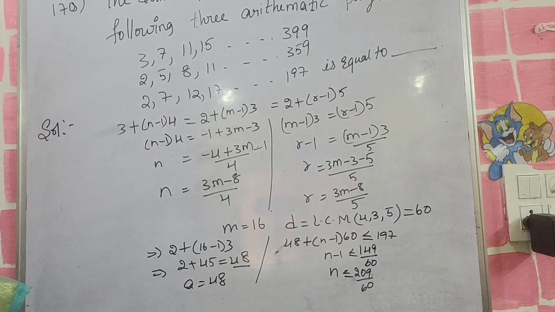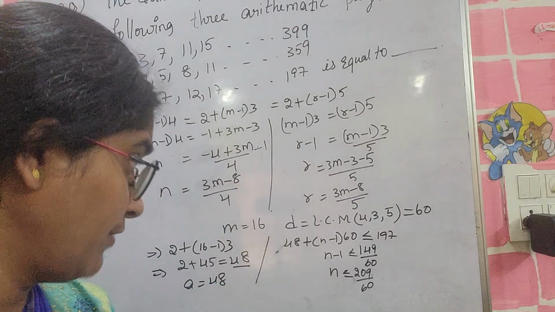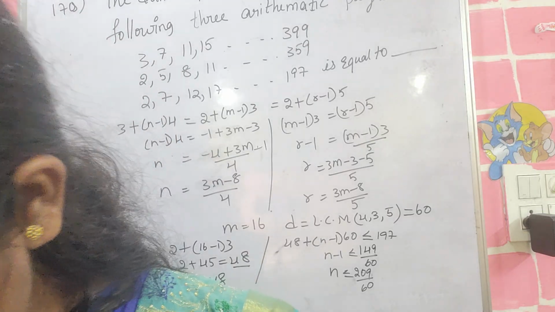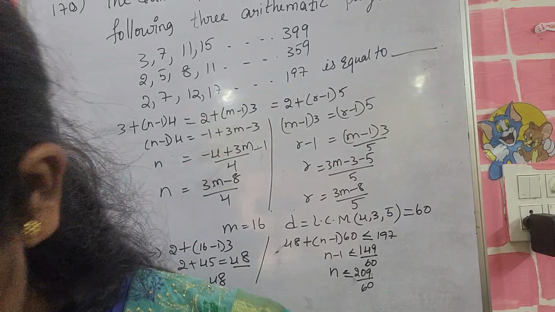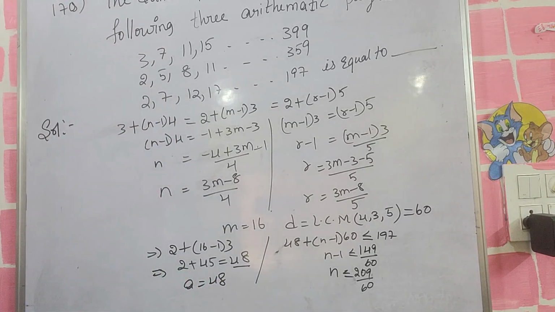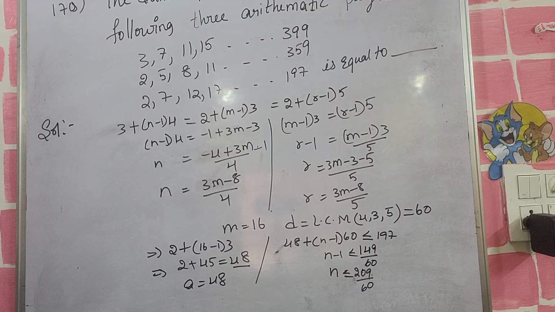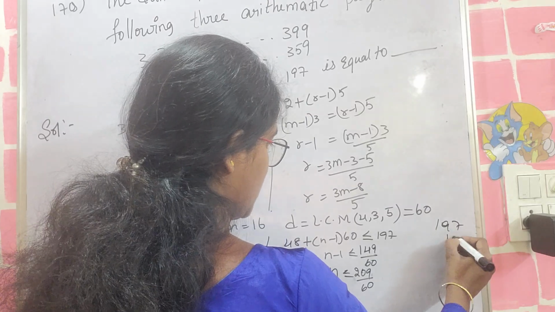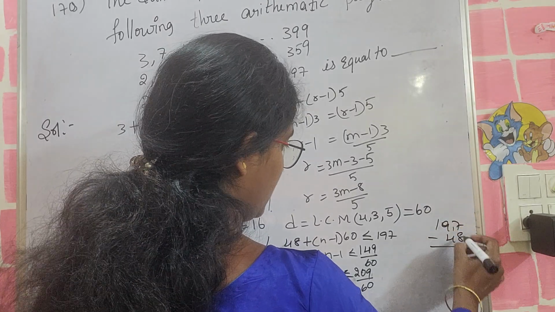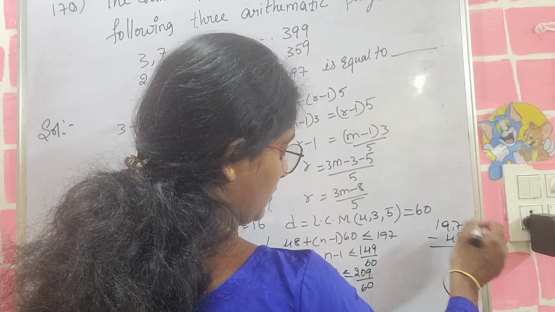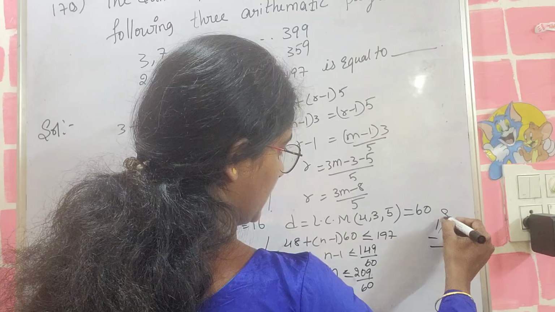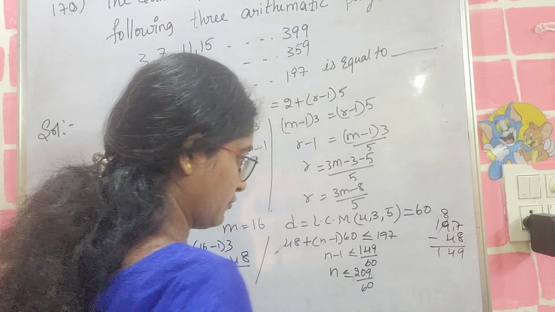Let me check whether I'm doing it correctly. 197 minus 48, if I subtract, is 149, so that is correct.